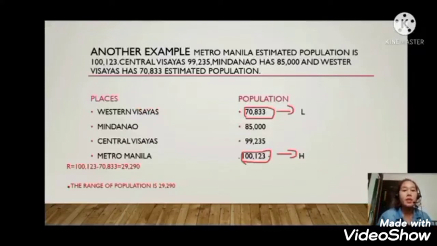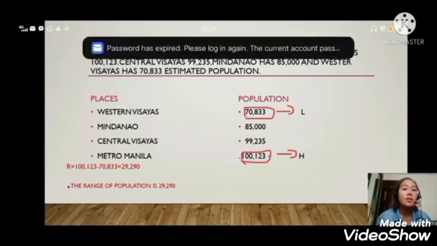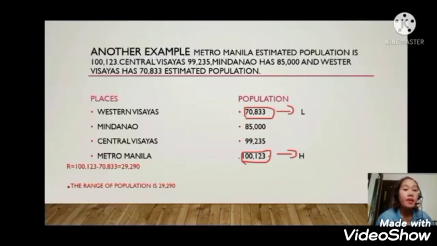Then we have here another sample. Metro Manila estimated population is 100,123. In Central Visayas, we have 99,235. Mindanao has 85,000, and Western Visayas has 70,833 estimated population.